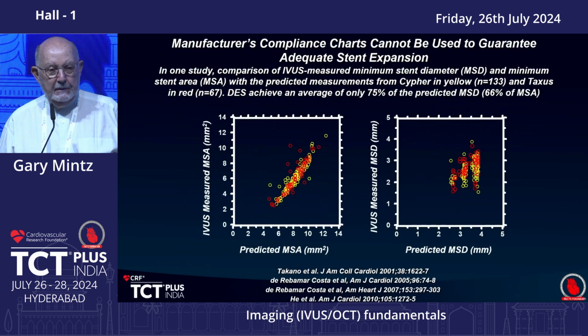And we've done this experiment many times. You get 3/4 of the diameter and 2/3 of the area predicted by the manufacturer's compliance chart. That's because expansion is not determined by the stent design, it's determined by the plaque into which you implant the stent.